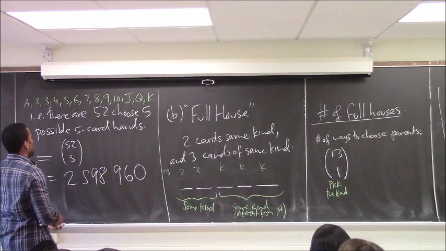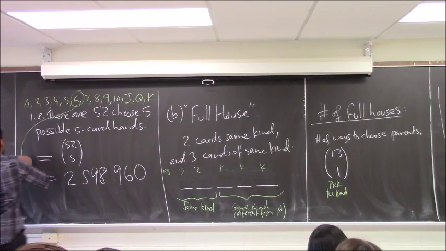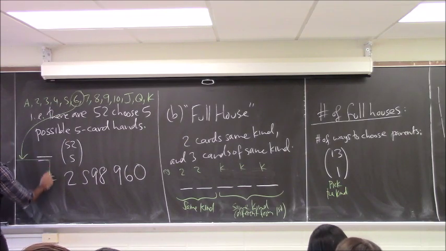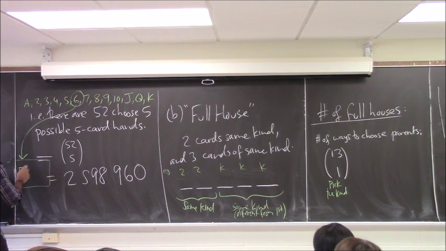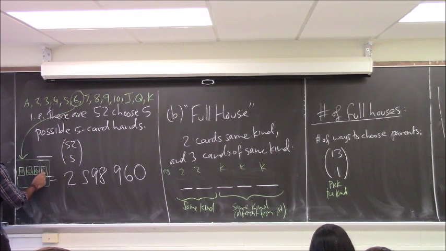So let's say 6 is chosen. Boom. Now that situation splits up into how many possibilities? There are 4 possibilities for that one, right? It could be the hearts, or the spades, or the diamonds, or the clubs.